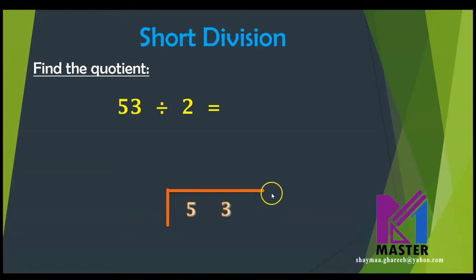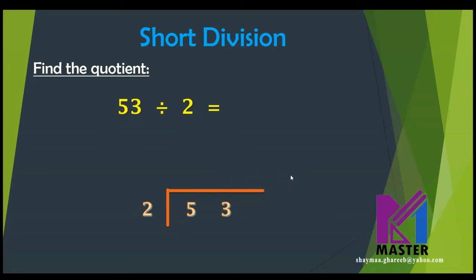So 53 divided by 2. I will write the 2 on the left side of the division sign. Is this clear? So this is how we write the division sentence.